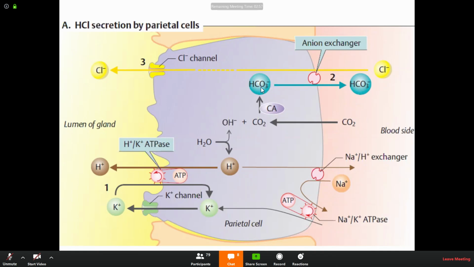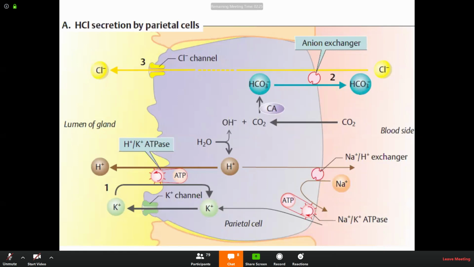Once bicarbonate is formed, it is exchanged with the chloride through the chloride bicarbonate exchanger. Then bicarbonate ion goes to the interstitial fluid, then ultimately to the blood side, and chloride ion passively diffuses through the chloride channel. This chloride ion diffuses to the lumen of the parietal cell through the electrochemical gradient.